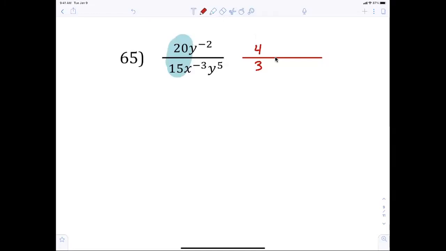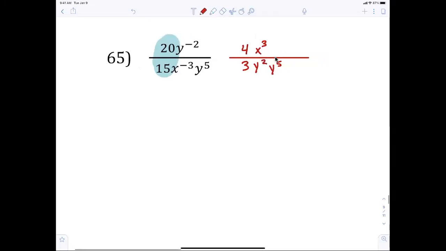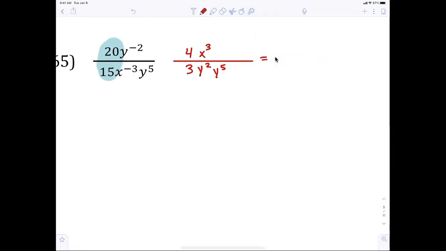Anytime something has a negative exponent, you just move it. So the x cubed goes to the top, y squared goes to the bottom, and there's already a y to the 5th on the bottom. So you're left with 4x cubed over 3y to the 7th.